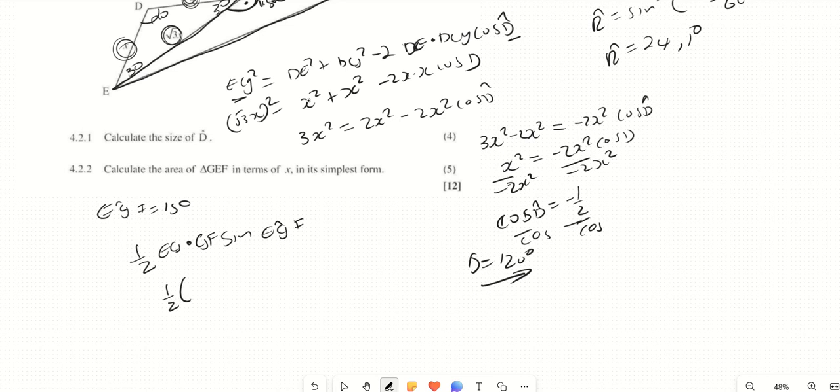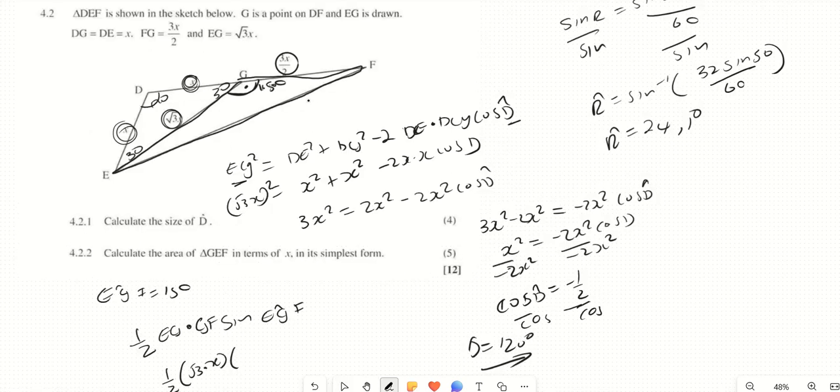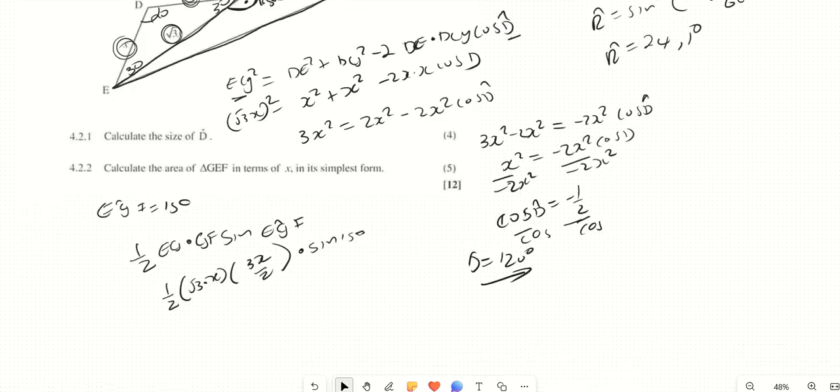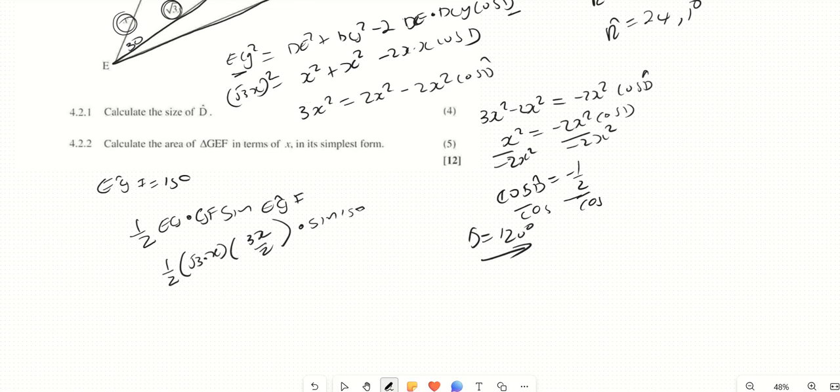They said in terms of x, so 1/2 times root 3 x times 3x over 2 times sine 150. Sine 150 is 1/2.